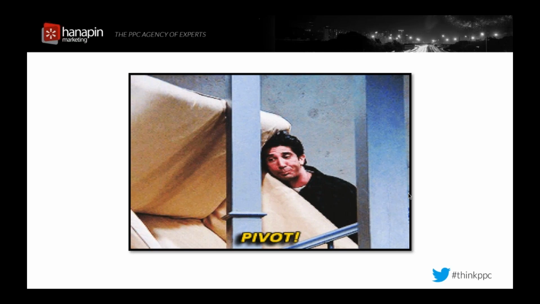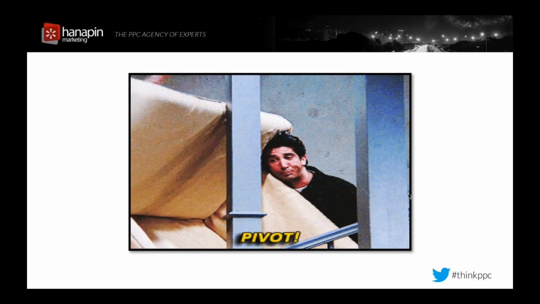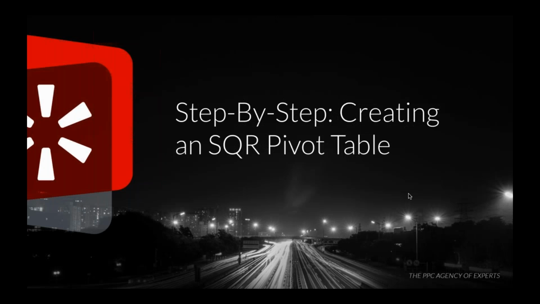But pivot tables are really, really awesome in terms of PPC analysis overall, but especially for your search query reports. Some of the benefits I've listed here are that your pivot tables aggregate the data that you have. Instead of having a search term when you download it from AdWords listed multiple times within all of those rows, because it could have matched to a variety of keywords in your account, and every time there's a new combination of search term and keyword, it gets listed in a separate row.